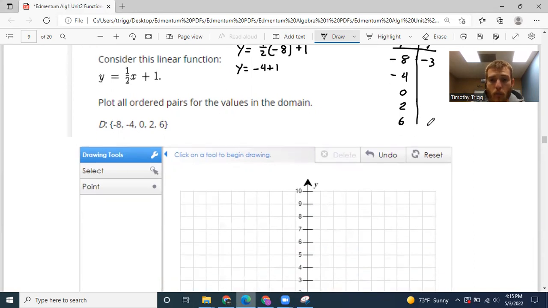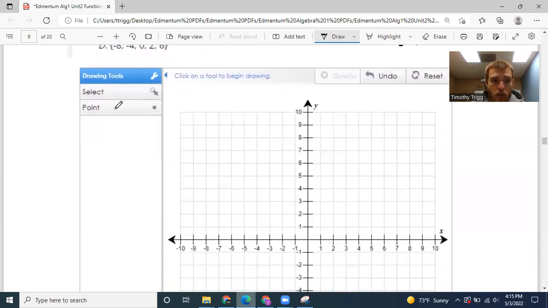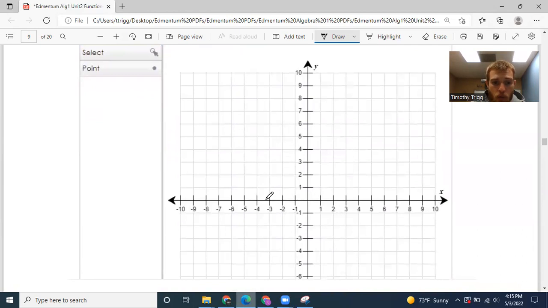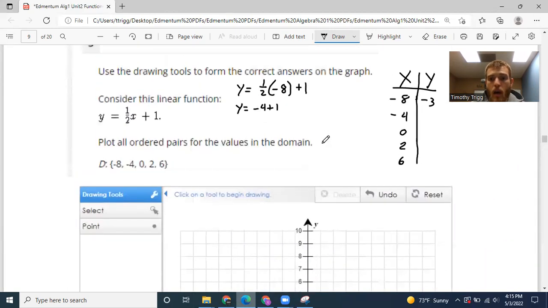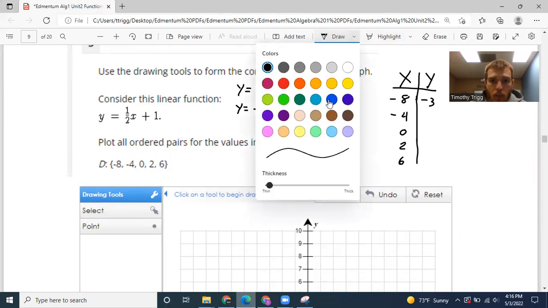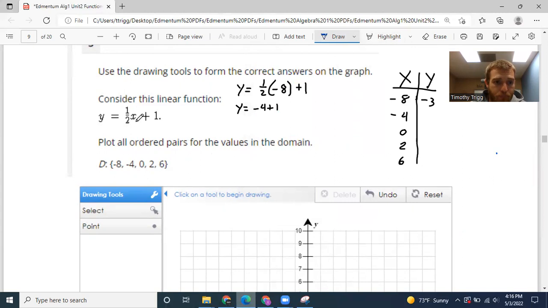Okay, so I'm going to put a point at -8, -3. So I'd click on the point tool. I would go to -8 on the x, -3 on the y, and I'd put a point right here. Okay, I'm going to do one more with you. Replace the x with the input of -4, and we're going to find the corresponding output. Okay, so I'm going to use perhaps blue here.